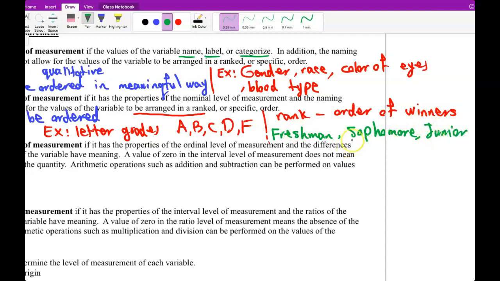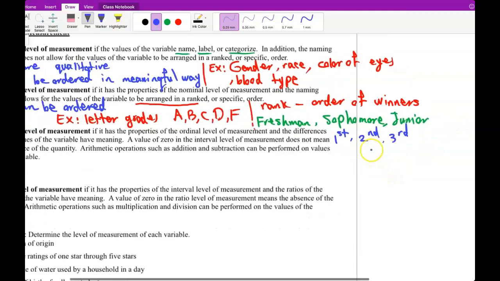These are in order. One more. First, second, third. These are again ordered.